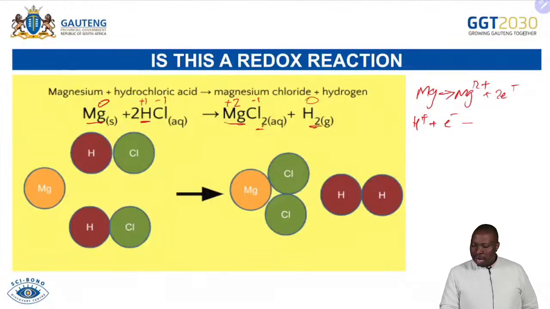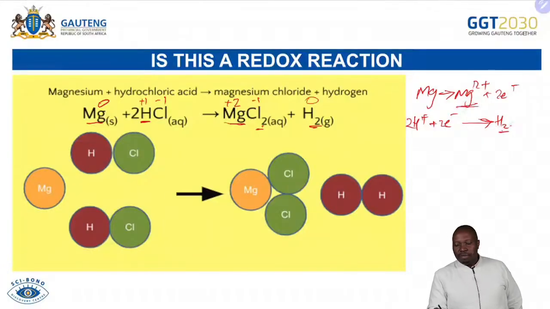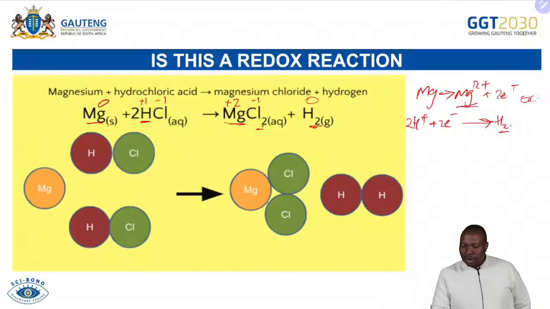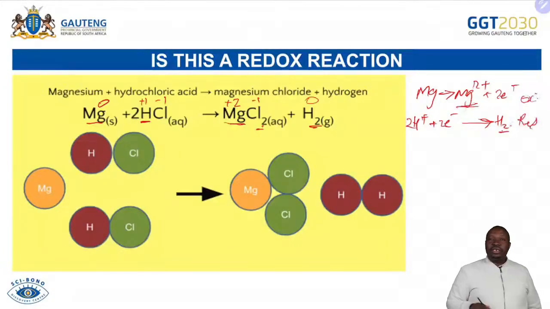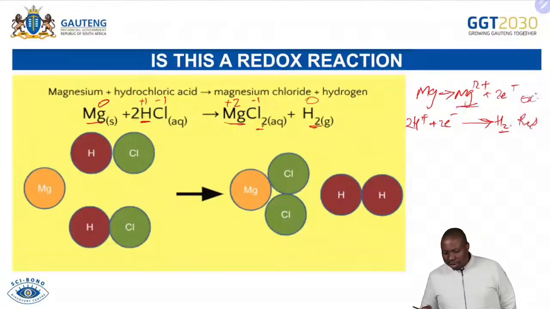It will be 2 hydrogen ions just to balance it, gaining 2 electrons to form hydrogen gas. So this is a redox reaction because we have oxidation, loss of electrons, and gaining of electrons, which is reduction.